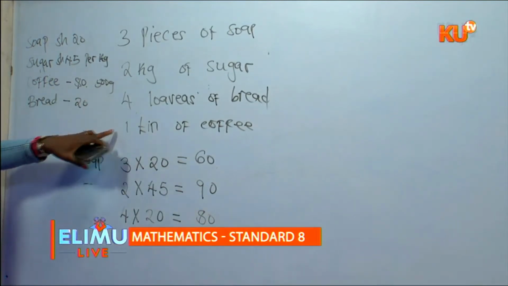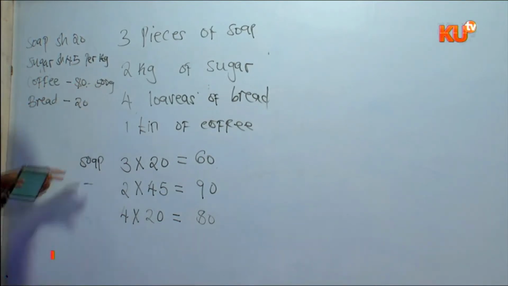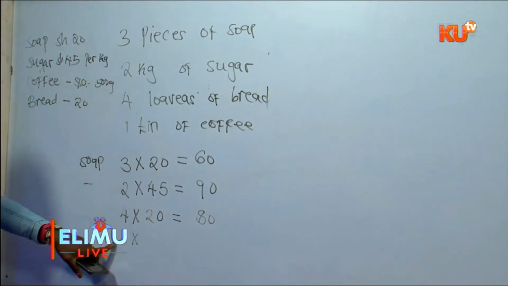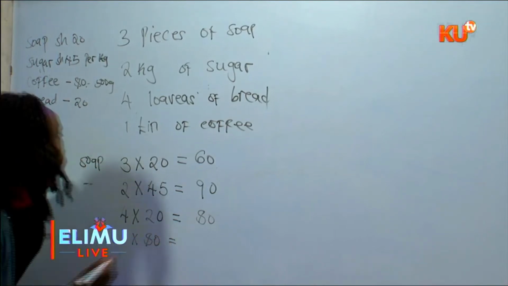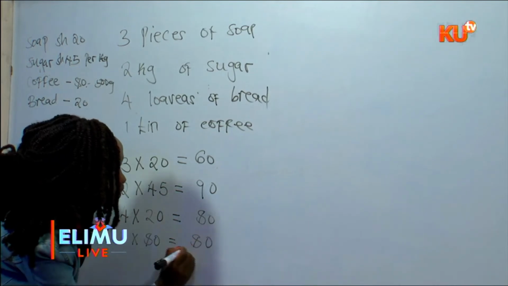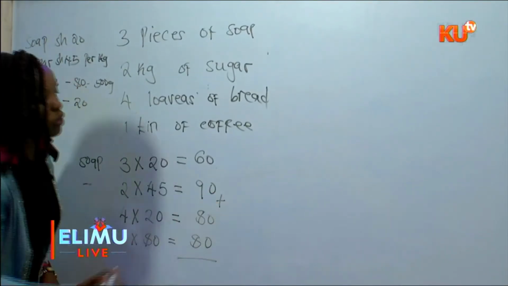Then 1 tin of coffee, a tin costed 80 shillings per 500 grams, and he bought 1. So it is going to be 1 times, that is the number of tins times the cost of 1 tin, which is 80 shillings. So 1 times 80, we get 80. So from there now we add, we get the total cost.